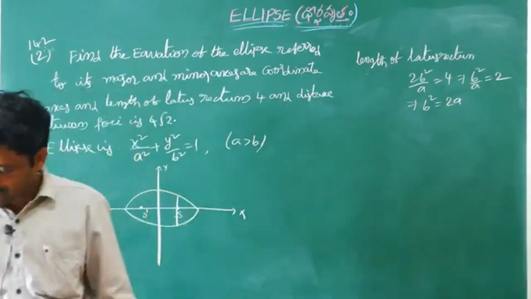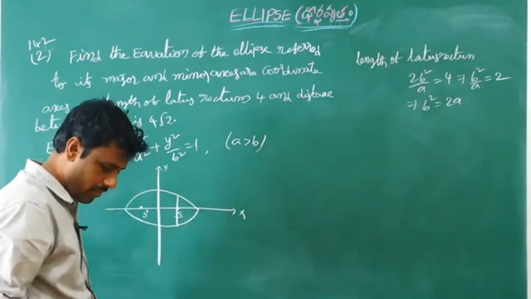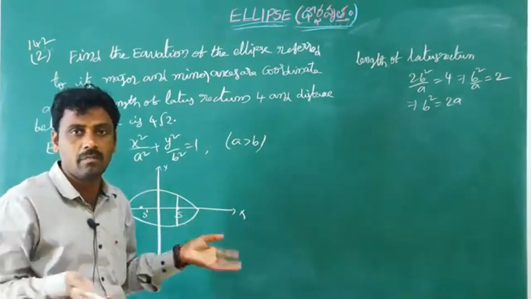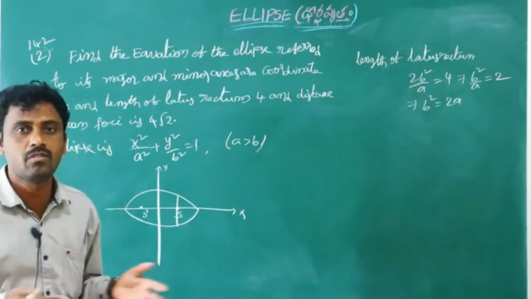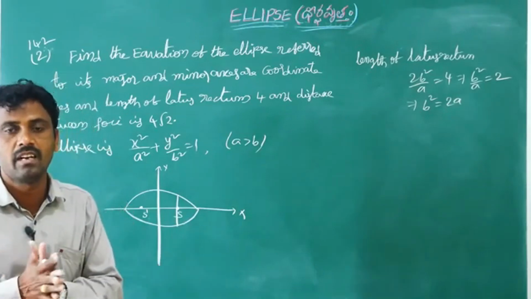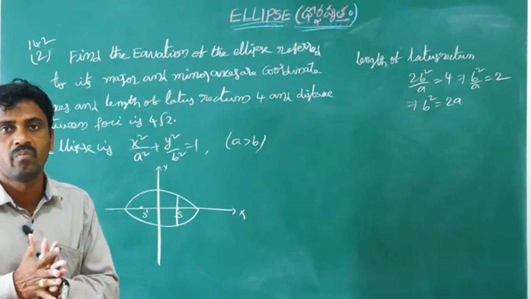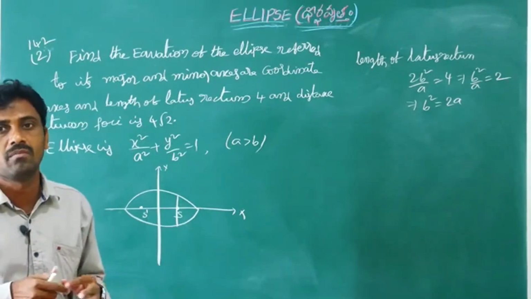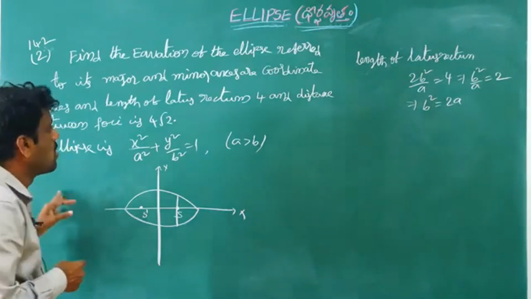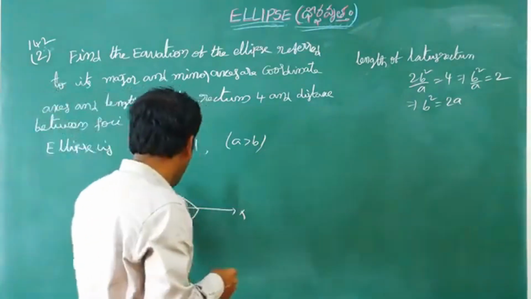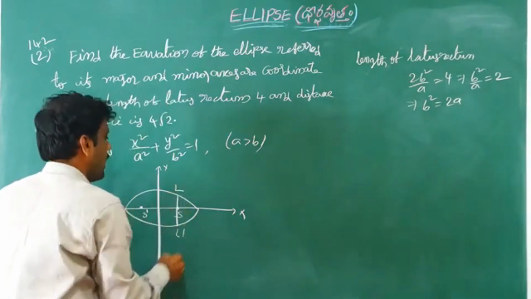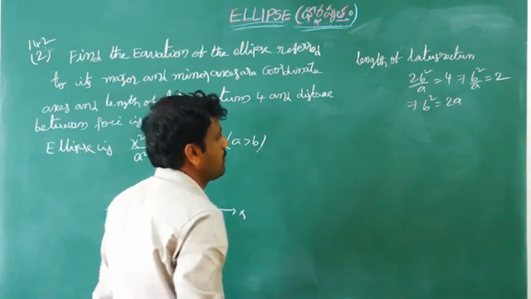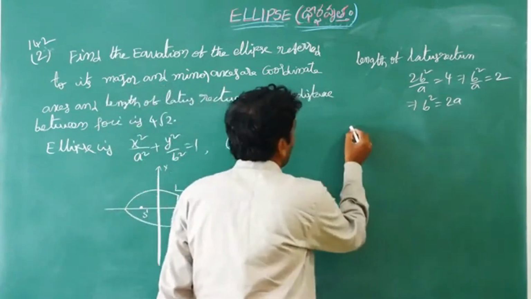Finally we can find out a and b values, then the required ellipse comes, with small a and small b, in the form x square by a square plus y square by b square equal to 1. Length of latus rectum is 2b square by a, that is 4, that implies b square by a equal to 2.